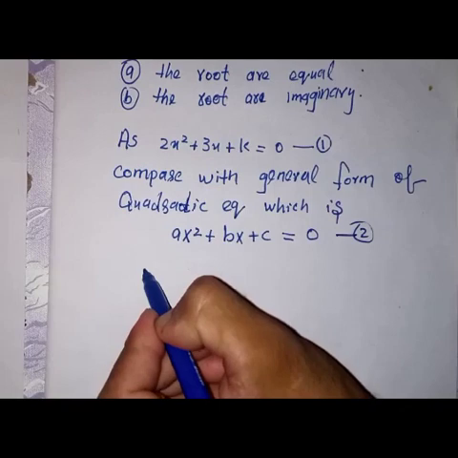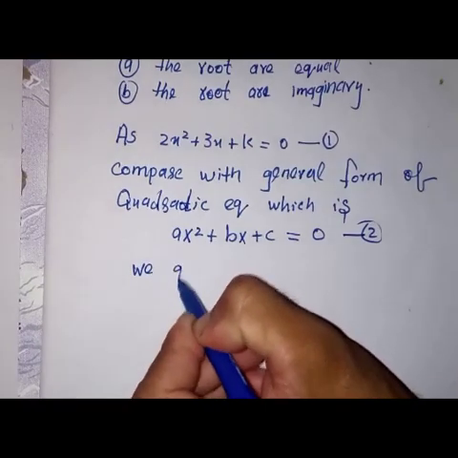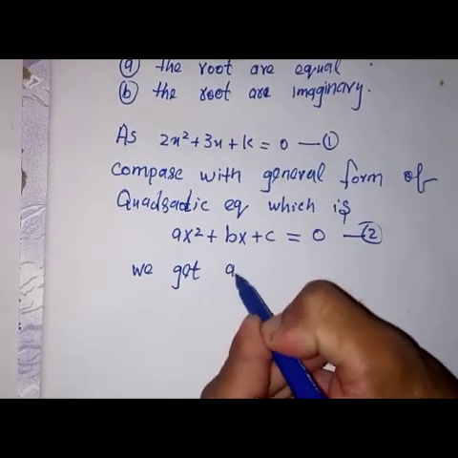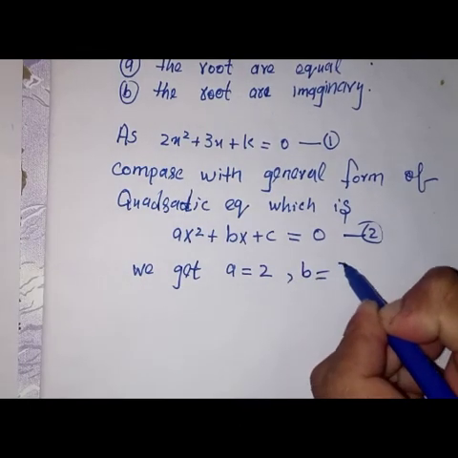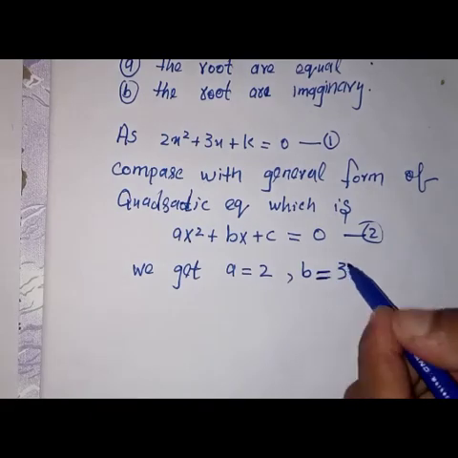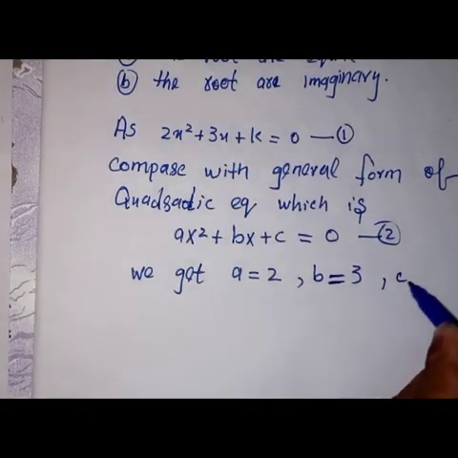It's equation number 2. So if we do the comparison, we get a is equal to 2, b is equal to 3, and c is equal to k.